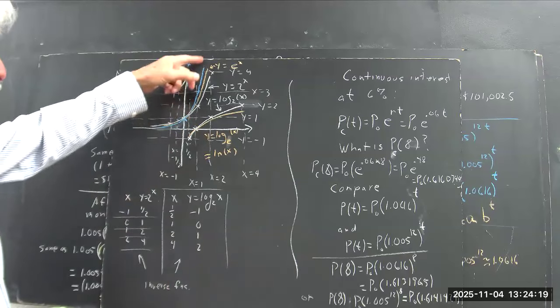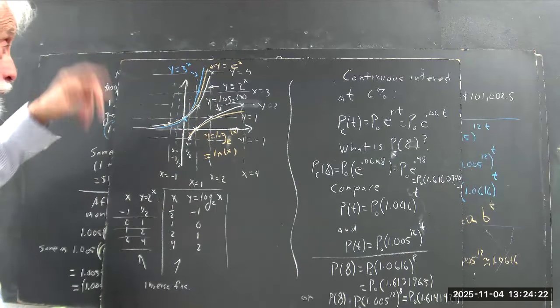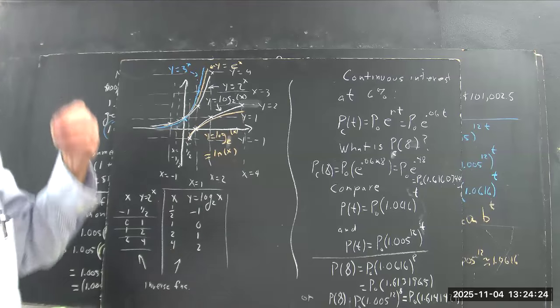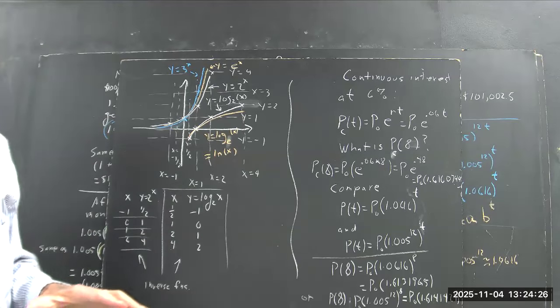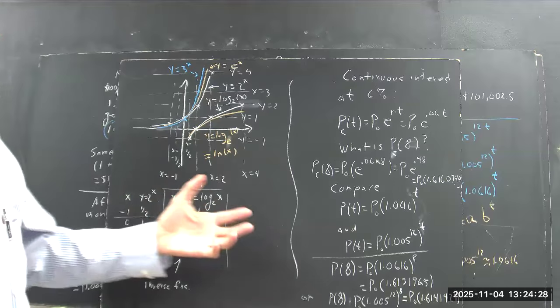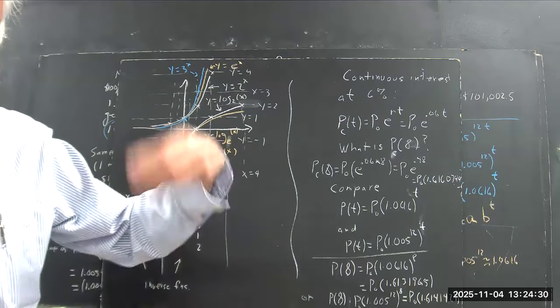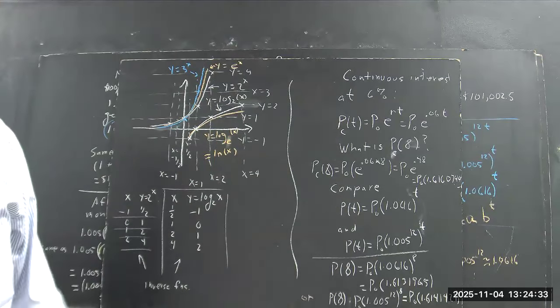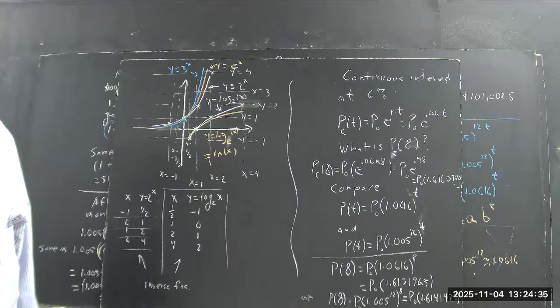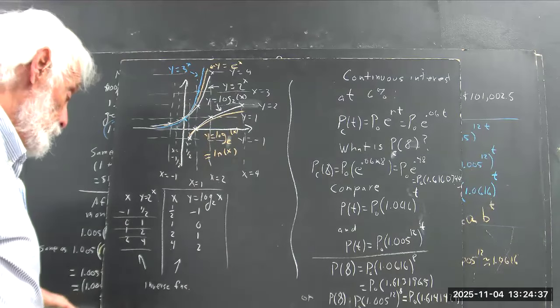Probably should be a little closer than I made it, but that's okay. You get the idea. And you can graph it using computer software, online Desmos, whatever, if you want to graph it accurately.